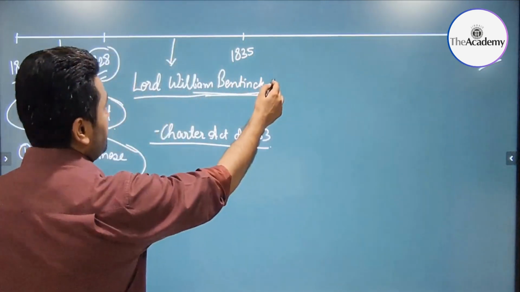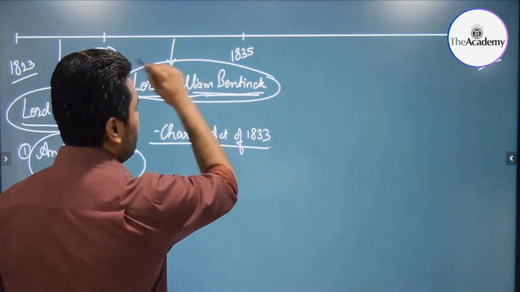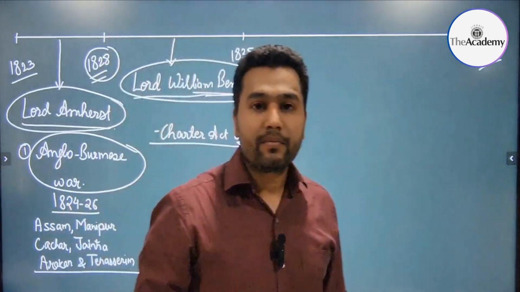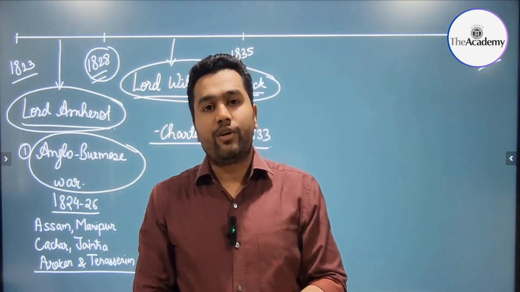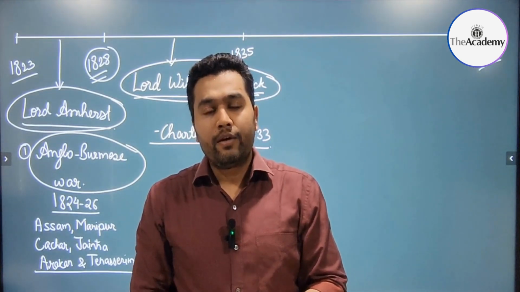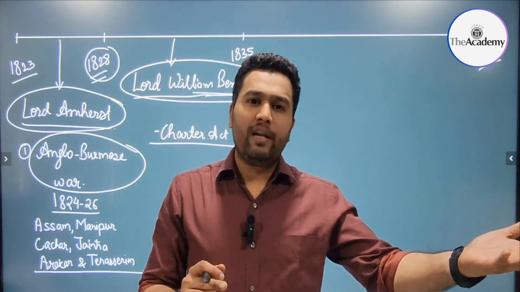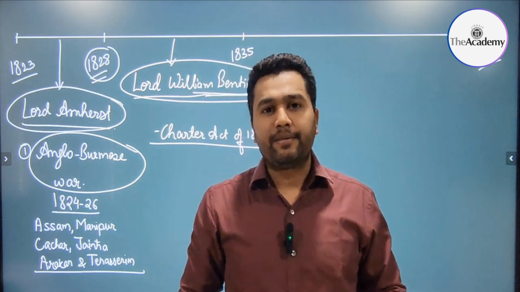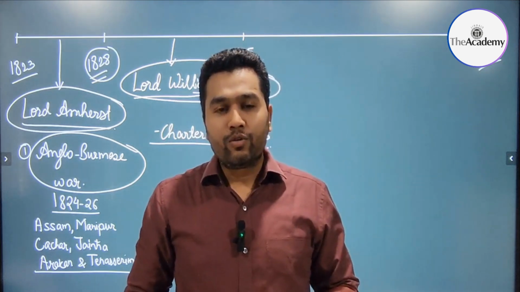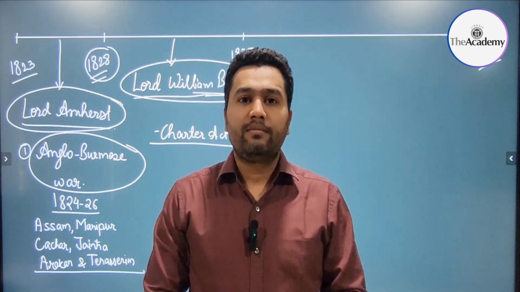So who was the first Governor General of India? It was Lord William Bentinck. So now when Lord William Bentinck was made the Governor General of India, he occupied a similar place as that of the Mughal Emperor, except that still the Mughal Emperor's legitimacy was there intact. So he was given his own council.